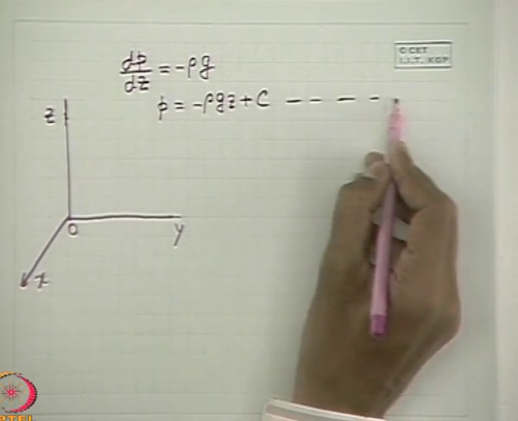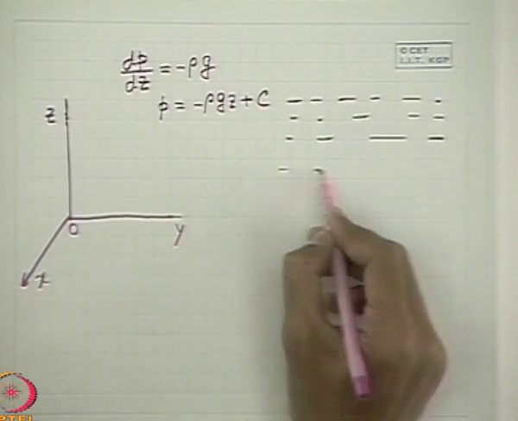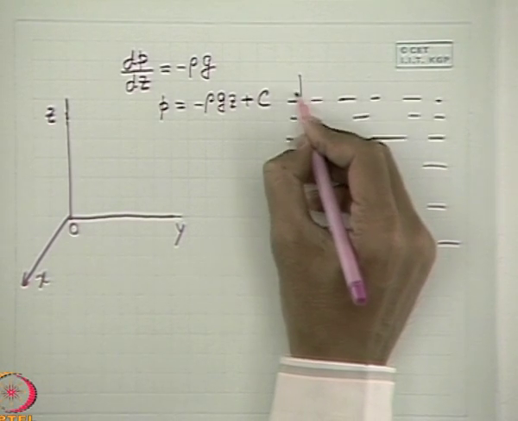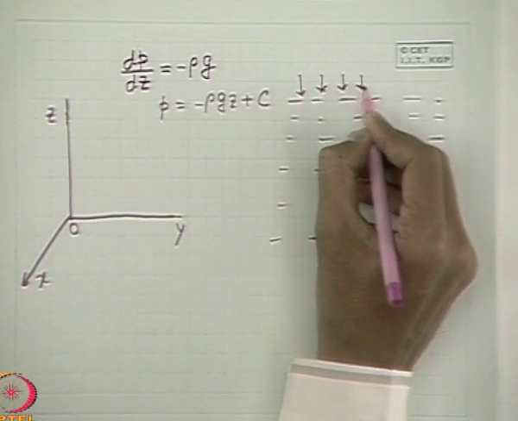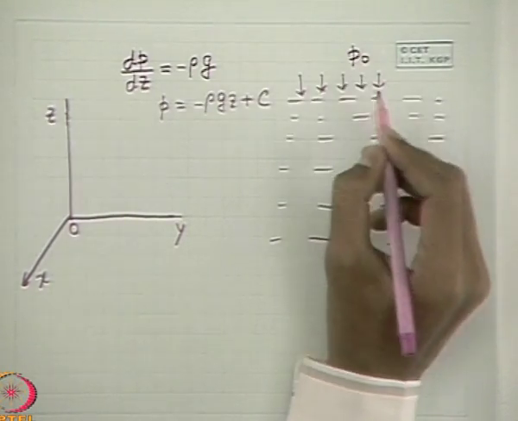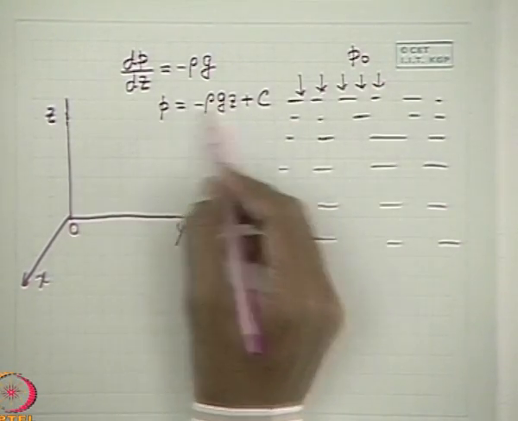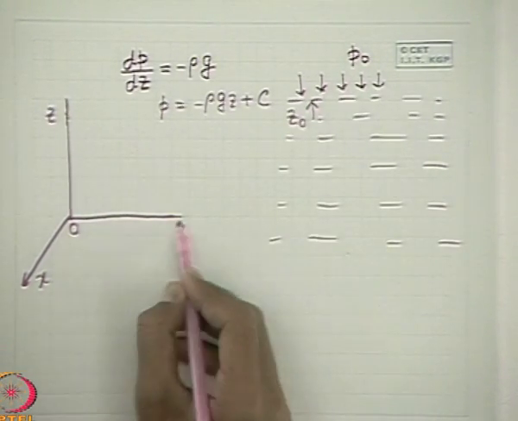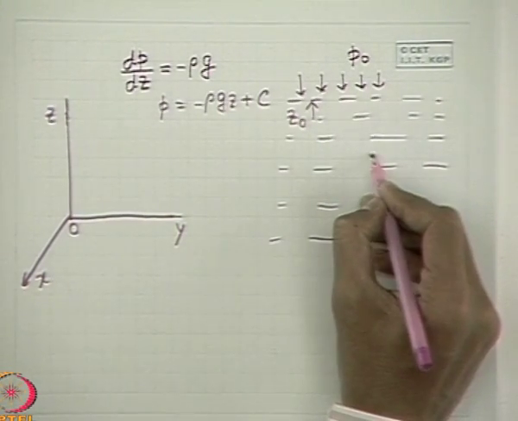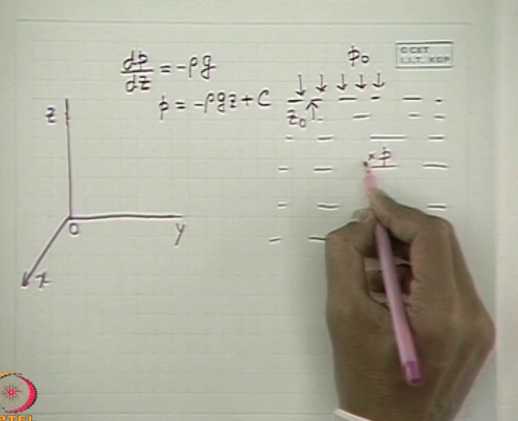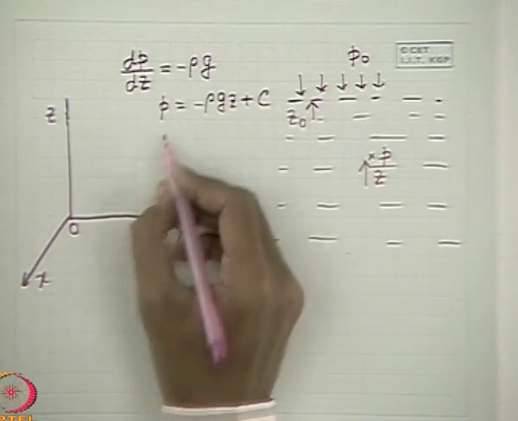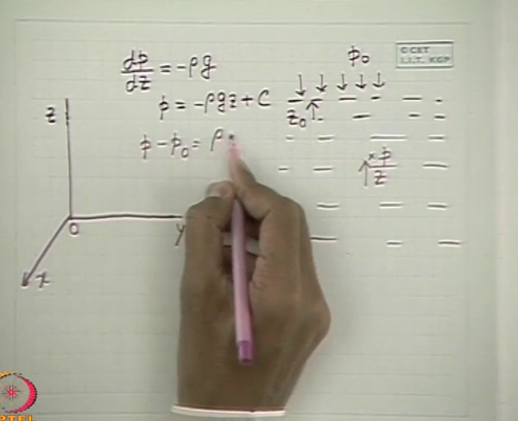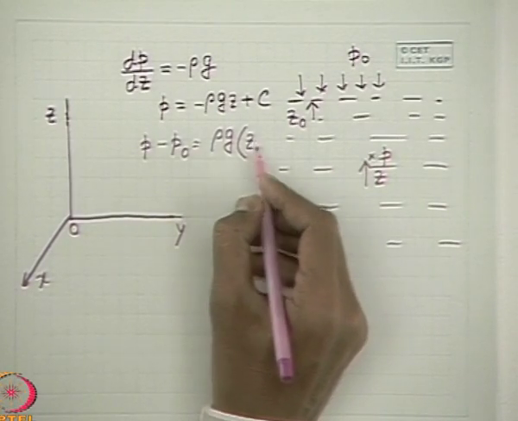And we recognize that if we have an expanse of fluid at rest with a free surface, where the pressure impressed is the ambient pressure P0, then we can find the value of C. If we define the z coordinate of the free surface as z0 from any frame of reference, and at any point where we are finding the pressure P, the z coordinate is z, then this equation can be written as P minus P0 is simply rho g into z0 minus z.